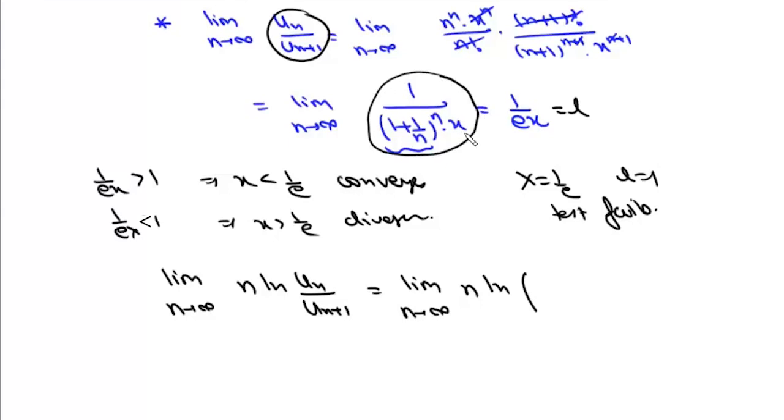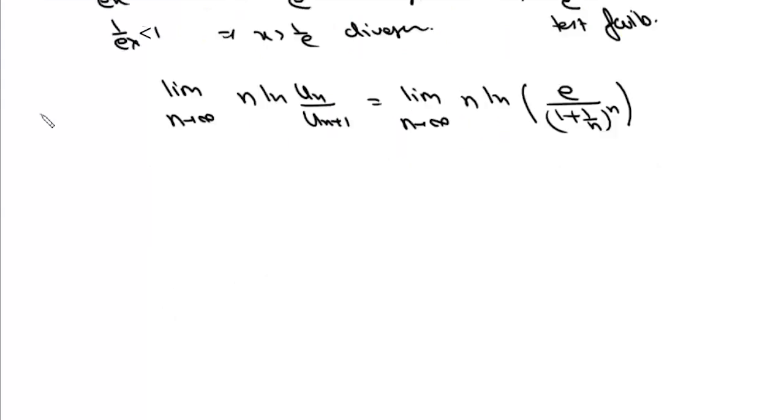Now we have taken x as 1 upon e, so we are going to write this as e upon (1 plus 1 by n) to the power n. So this is when the value of x is 1 by e.